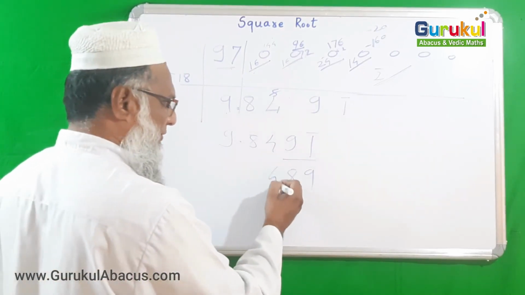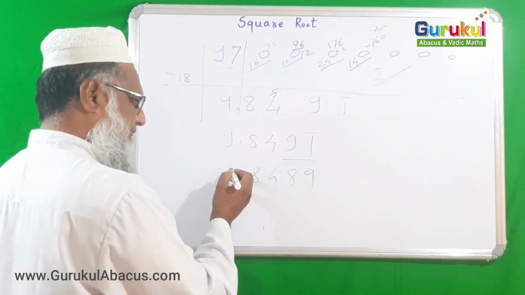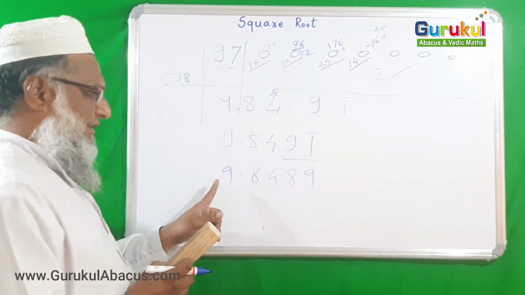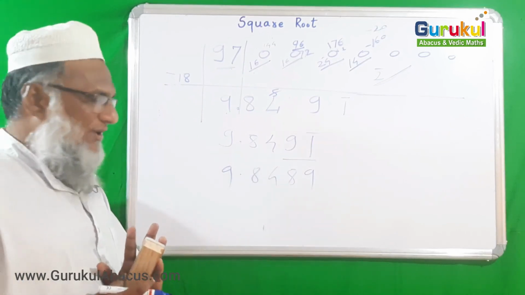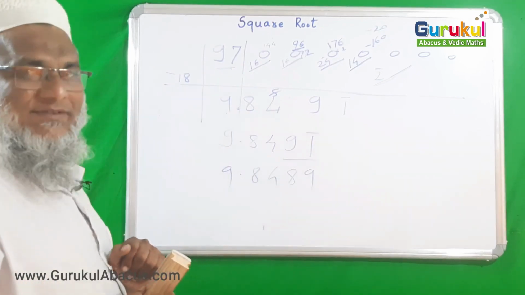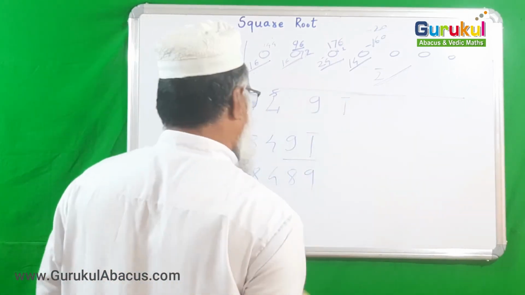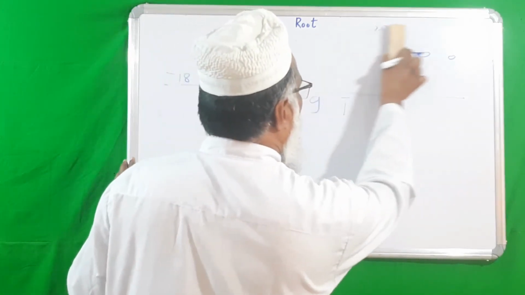That is not to teach you again. So now this is your answer, 9.84849. Okay, this is the answer. In this example also we use Vinculum. The same example again we are going to solve with a different method.